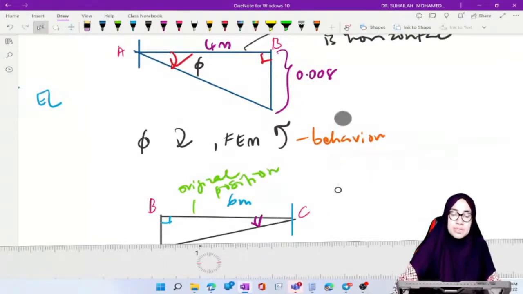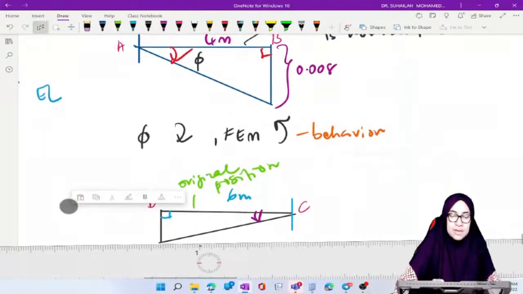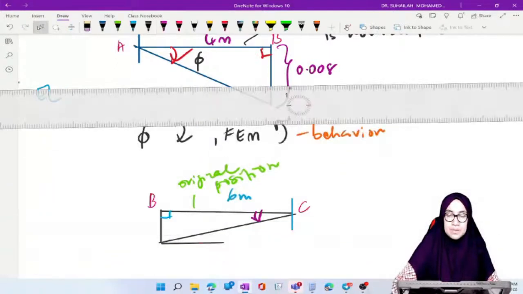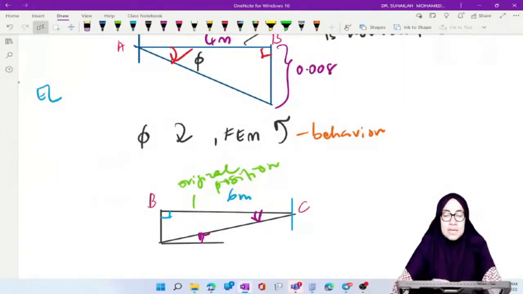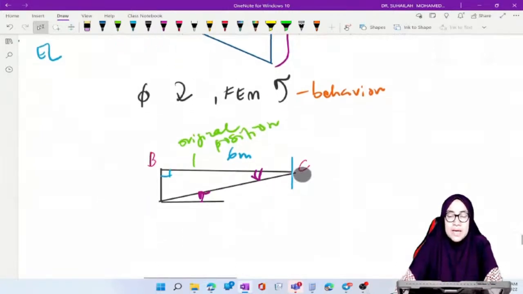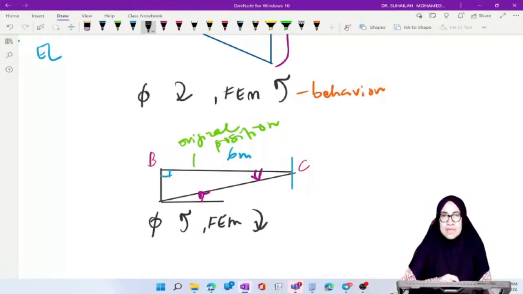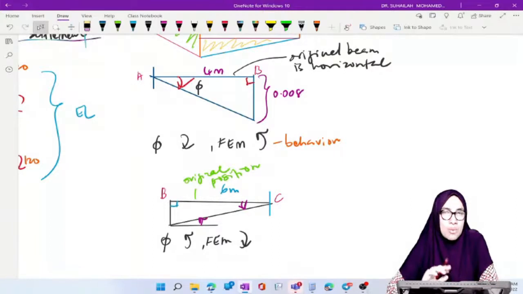So from the original, we can conclude that the angle for BC is counterclockwise, and FEM is clockwise.